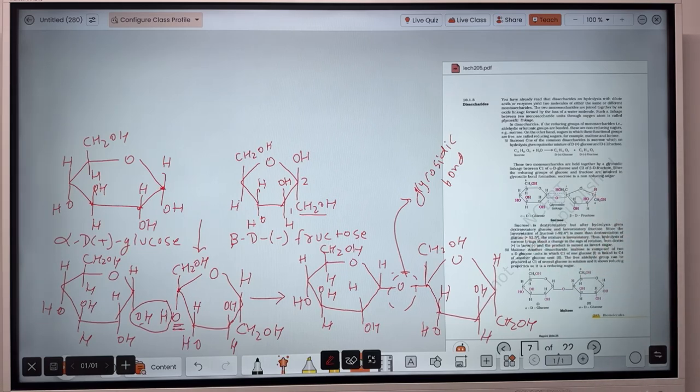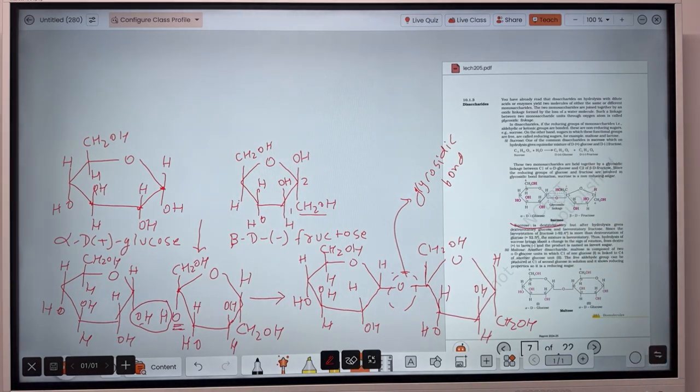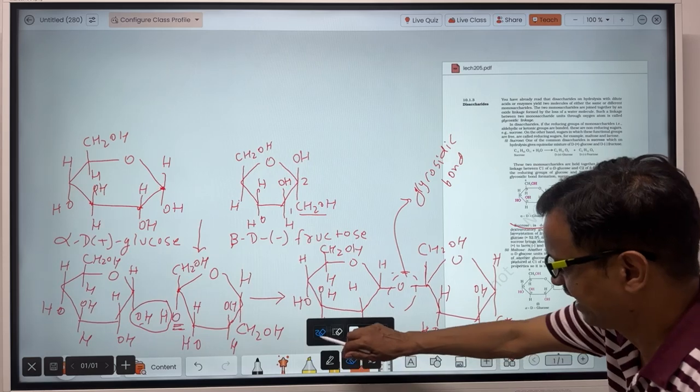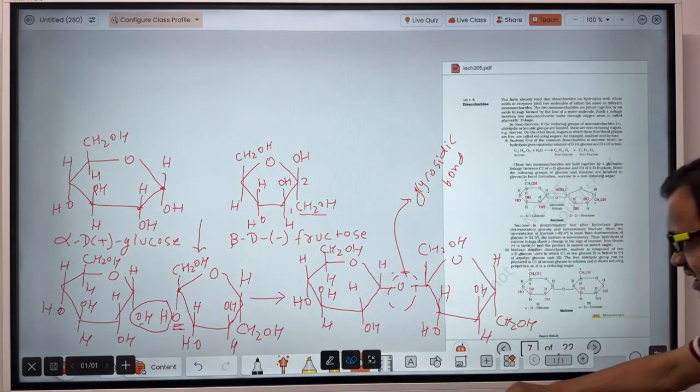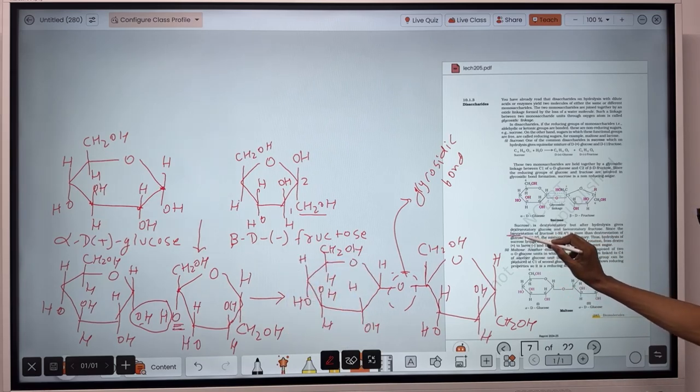Sucrose is a dextrorotatory compound, and when you hydrolyze sucrose, there will be formation of glucose and fructose, of which you already know that glucose is dextrorotatory and fructose is levorotatory. Fructose rotates the plane polarized light through 92.4 degrees and glucose through 52.5 degrees.